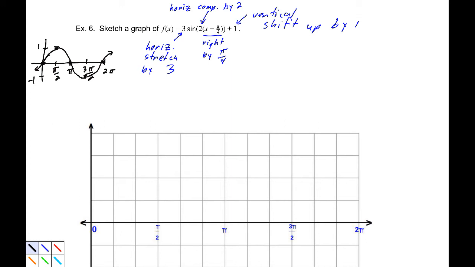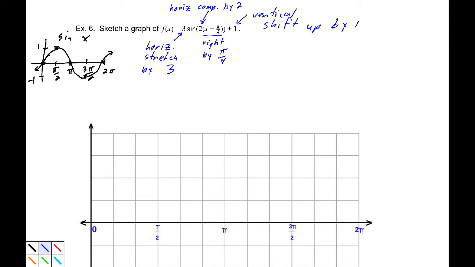All right, now we see that just plain old sine of x has an amplitude of 1. From its starting position, it goes up 1 and down 1, up 1 and down 1. Because ours is stretched by a factor of 3, it's going to have a range of negative 3 to positive 3 if it weren't shifted as well. It's shifted up by 1. So we know up 1 and right pi over 4.